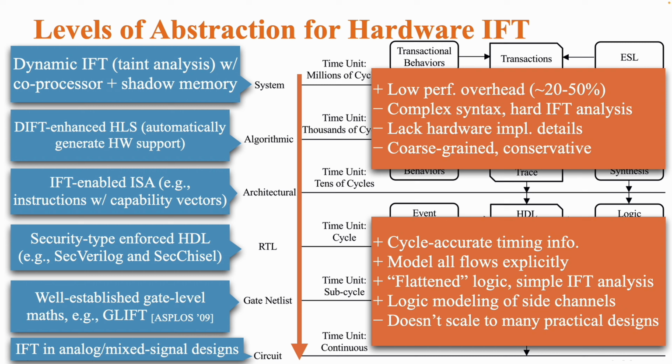But it doesn't really scale to larger designs, and I think what this survey also presents is how different levels of abstraction are navigating this hierarchy of complexity by trading off preciseness and performance.